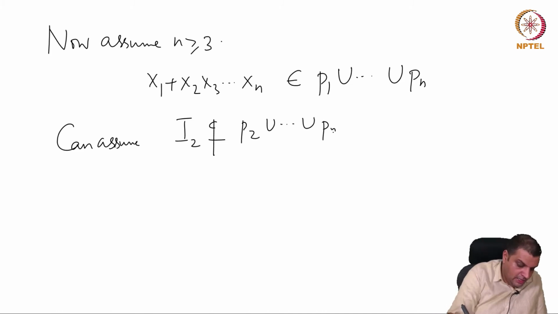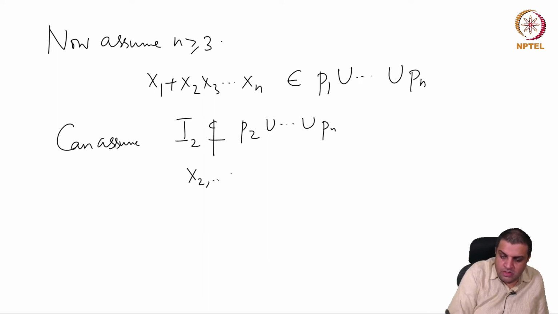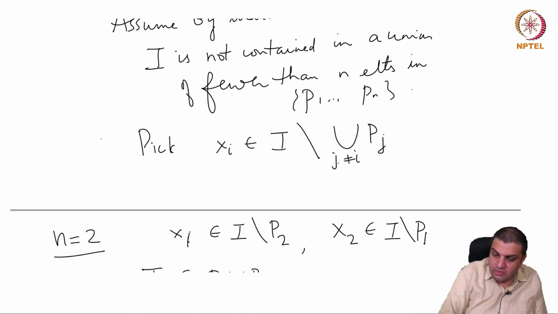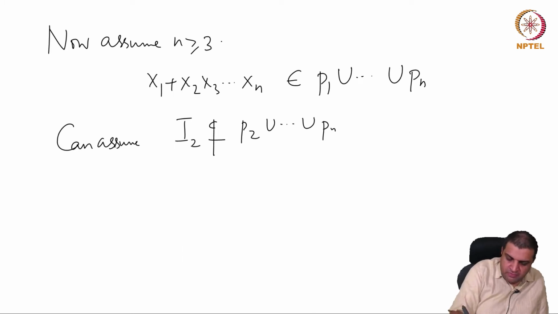And from this we get that x2 is inside I, but not in the union of every Pj with j different from 2. So from this, arguing that one gets that x2 x3 and so on.